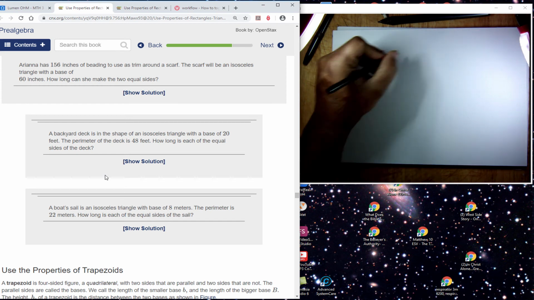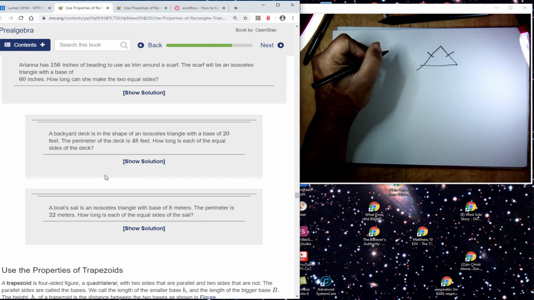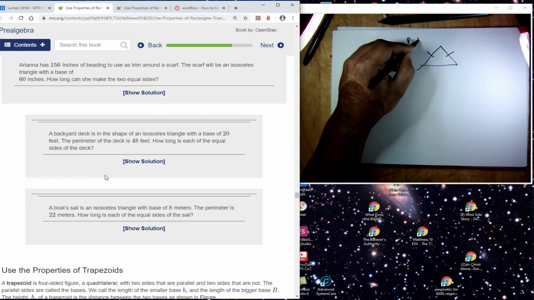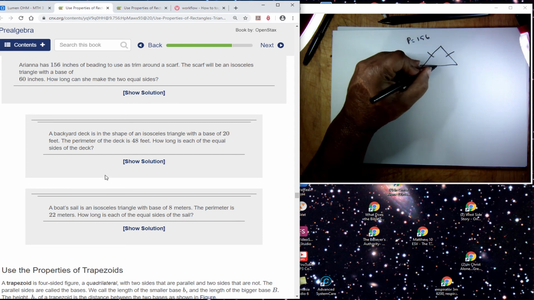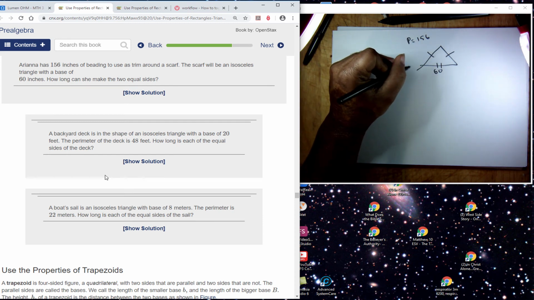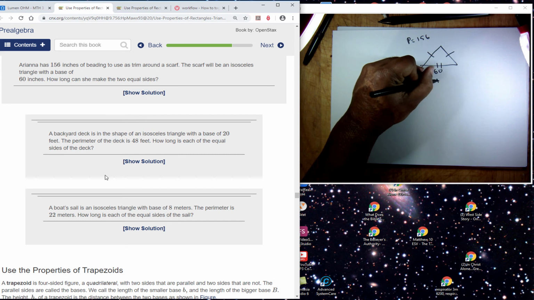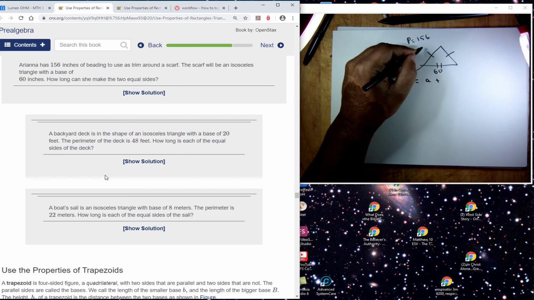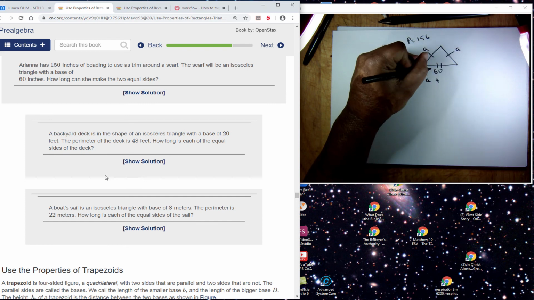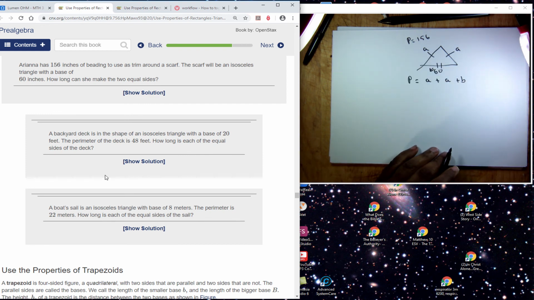Okay, so we have an isosceles triangle here, so there are two equal sides. We'll let the perimeter be 156, and we know that the base here is 60. What are the two equal sides? So the perimeter is equal to A plus A plus B. I'll call this A and this A and this B. So we still have three sides, but two of them are the same.